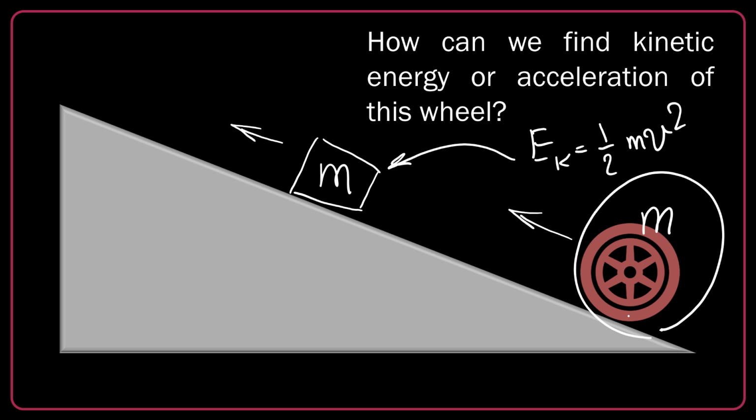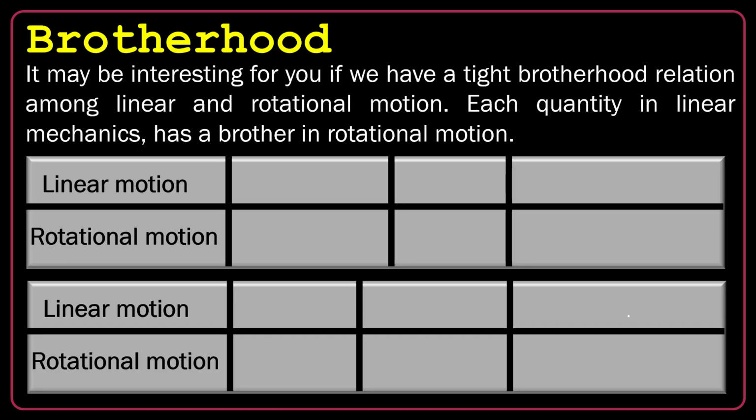We will learn it. The next slide is called brotherhood, an expression I invented for this topic. Actually, part by part, it's very interesting to have a brotherhood, a relationship between linear motion and rotational motion. Linear motion, we all learned in the kinematics playlist.